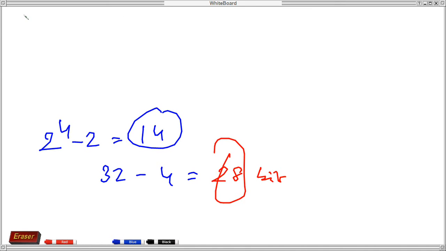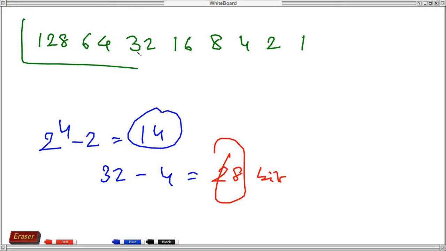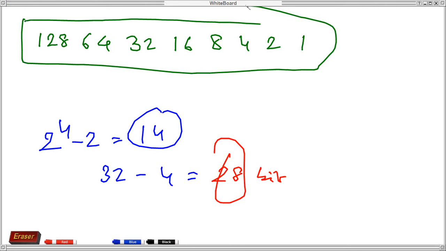The value of the first bit is 128, the next bit is 64, then 32, then 16, then 8, then 4, then 2, then 1. That is how the entire 8 bits are.